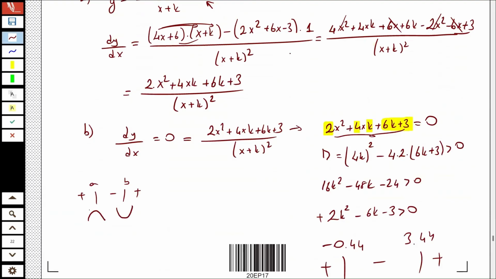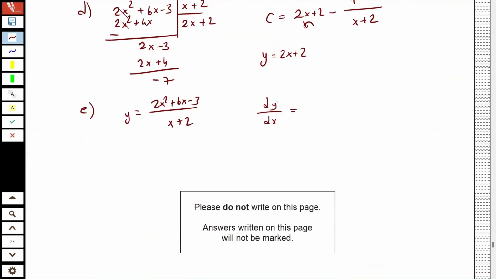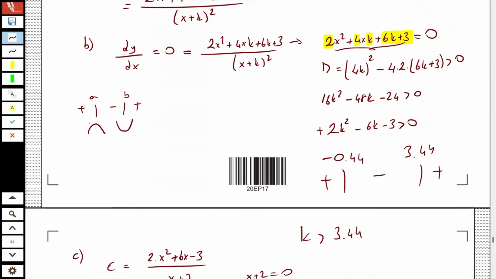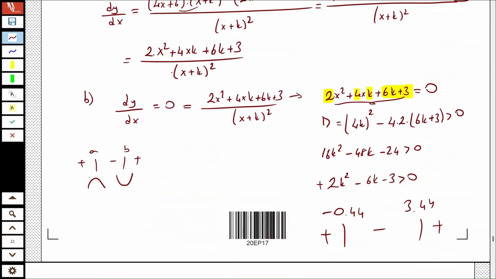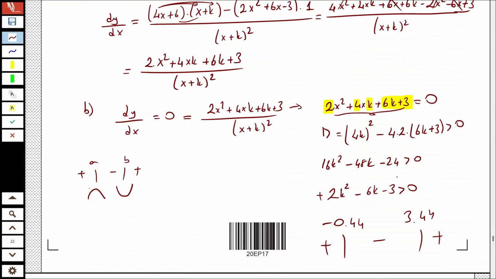We just plug in 2 for k: 2x² + 4x·2 + 6·2 + 3 divided by (x + 2) squared.